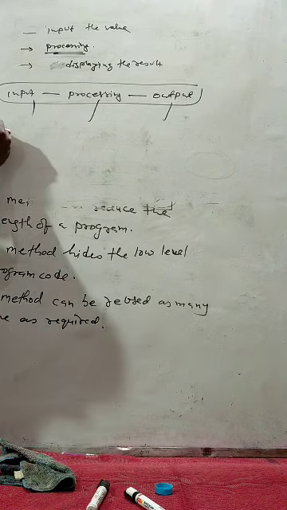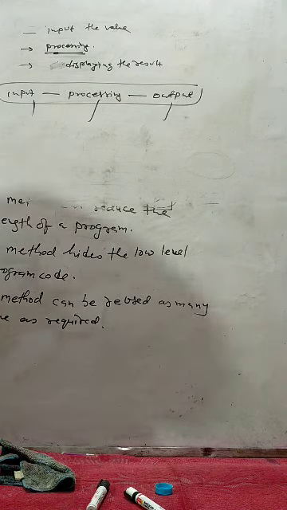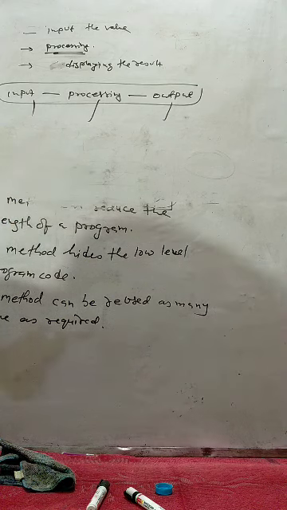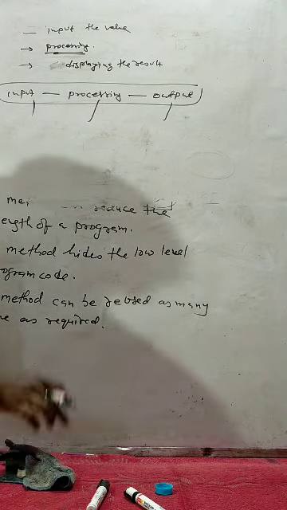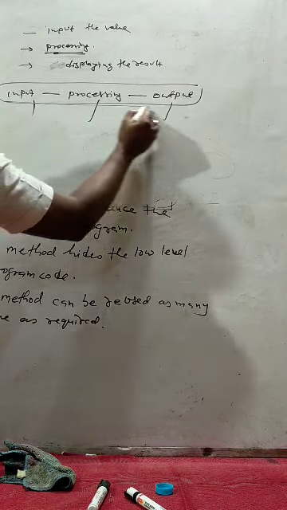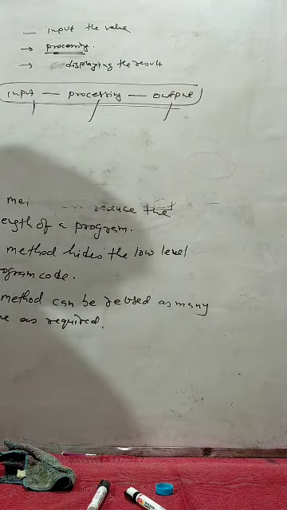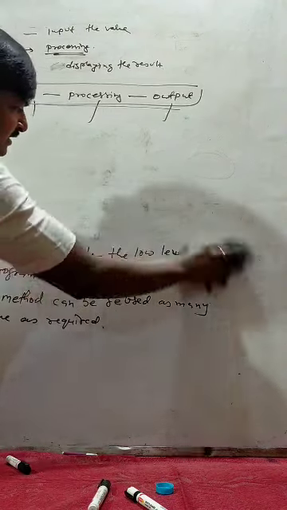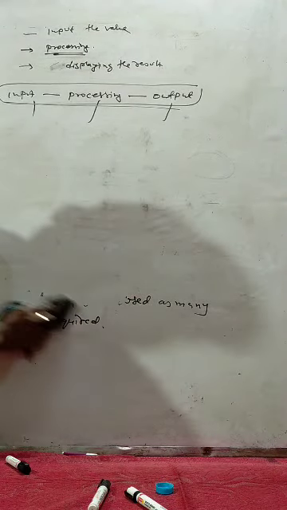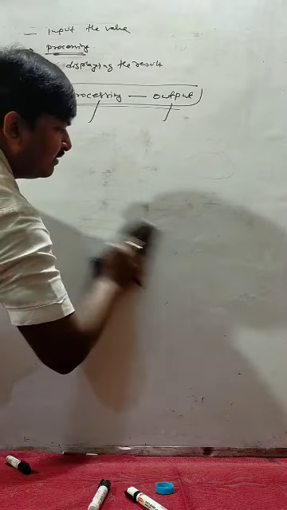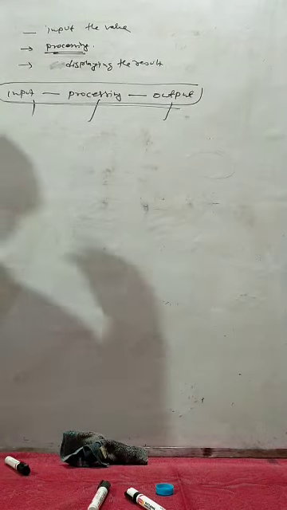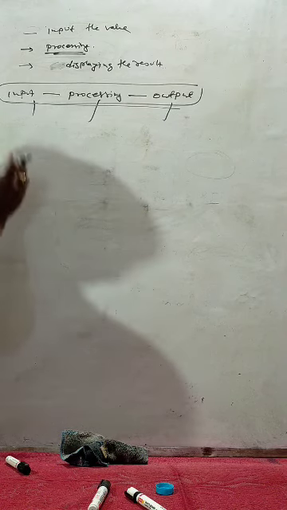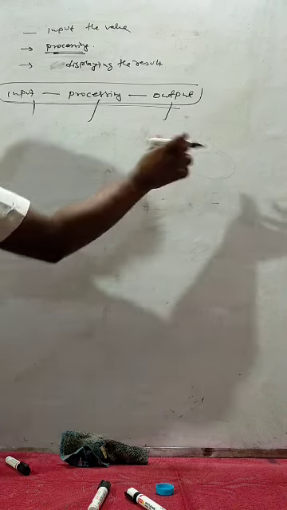Suppose we are going to prepare a large program, like software. Is it possible to do all the three works in one method? No, it cannot be possible. Generally, any large work anywhere or in any other field, all the large work is divided into groups, divided into small segments.